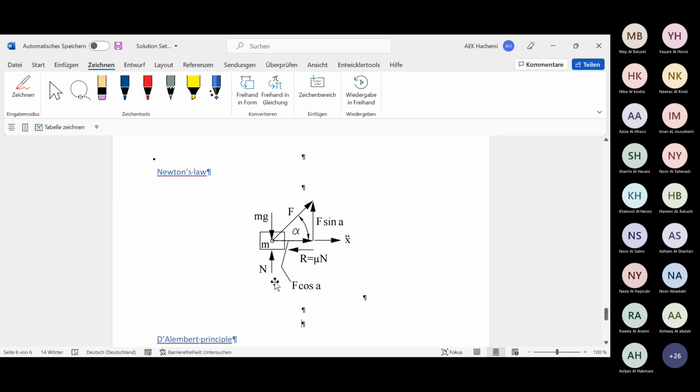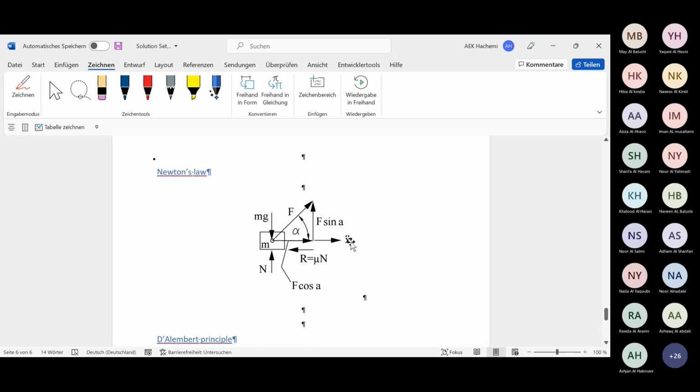As external forces, we have the force on the rod F, the normal force, which is the contact force between the mass and the ground, the friction force, which is applied against the motion, and the weight mg.